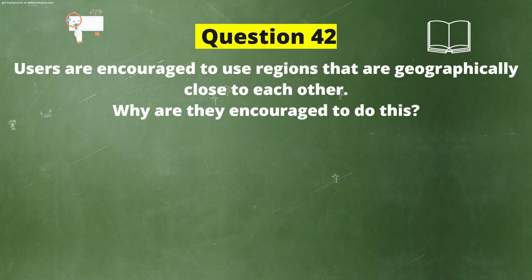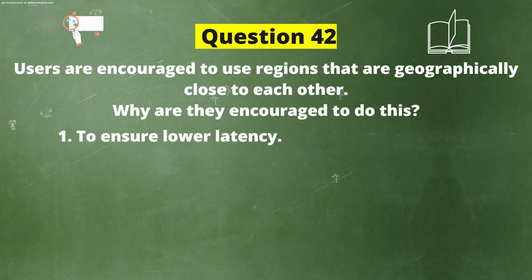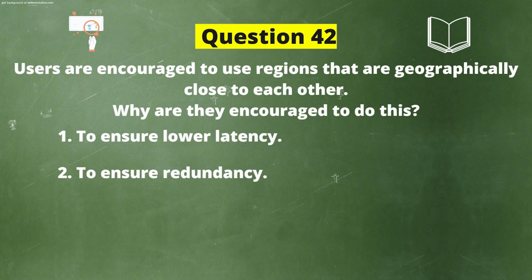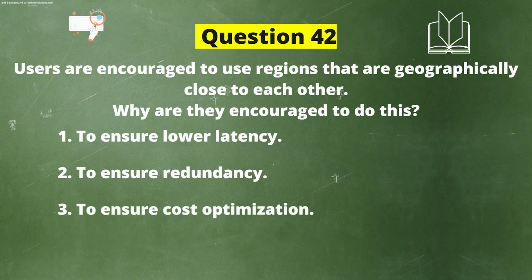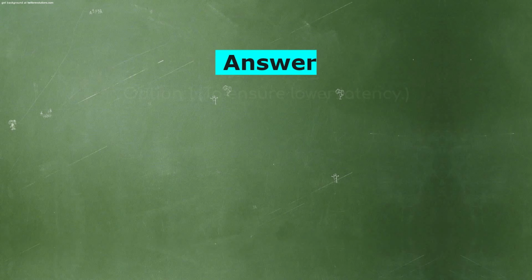Next question. Users are encouraged to use regions that are geographically close to each other. Why are they encouraged to do this? And the options are 1. To ensure lower latency. 2. To ensure redundancy. 3. To ensure cost optimization. 4. To ensure speed. And the correct answer is option 1.